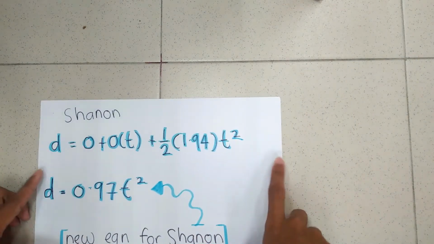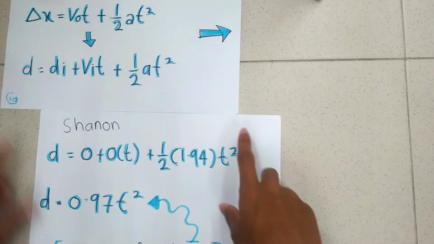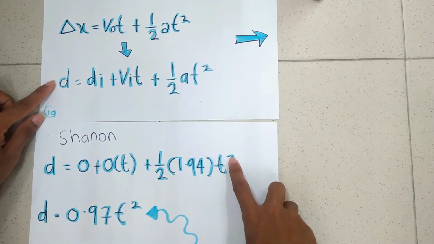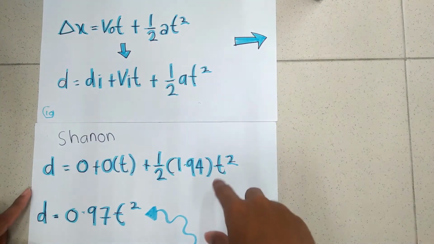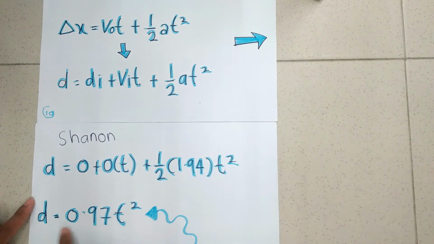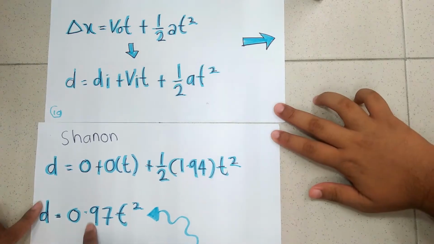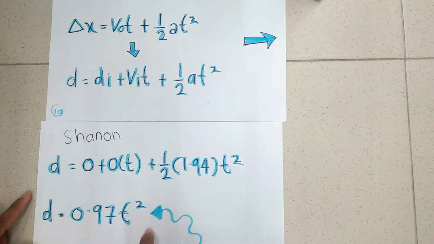Next, for Shannon, we also use the same equation as before to find the new equation for Shannon. So we get d equal to 0.97 t squared.